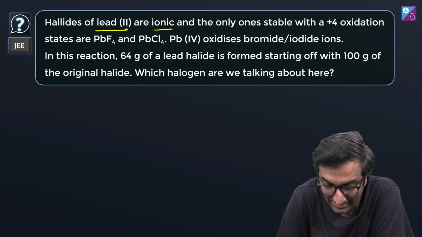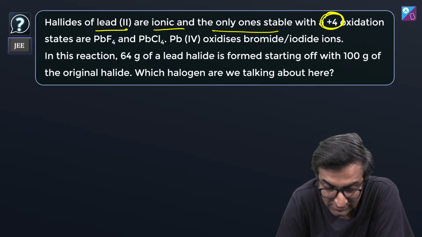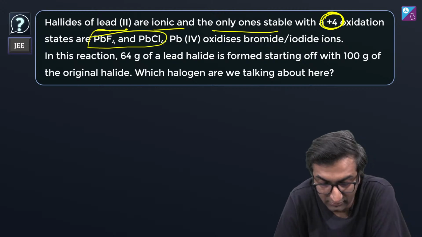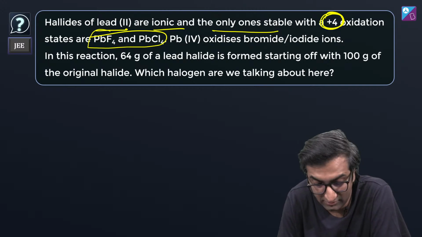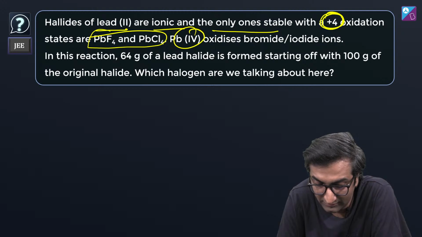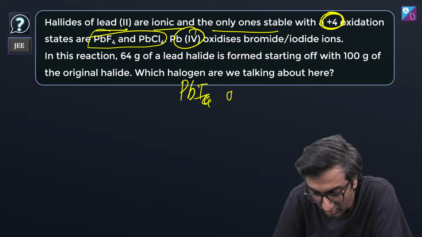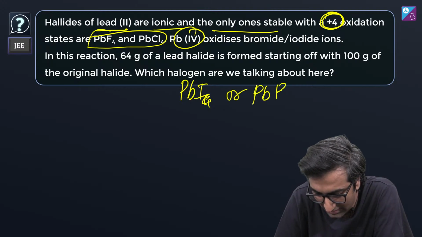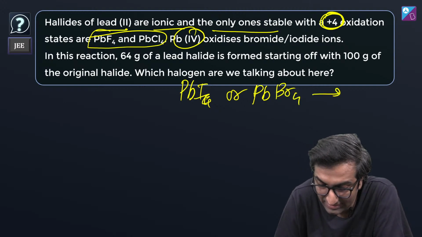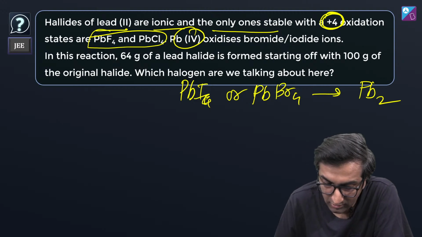Halides of lead are ionic, lead 2, and the only ones stable with a +4 oxidation state are PbF4 and PbCl4. Now, if it goes higher than that, if you have something like PbI4 or PbBr4, वो इमीडिएटली बन जाता है PbI2 or PbBr2, right?